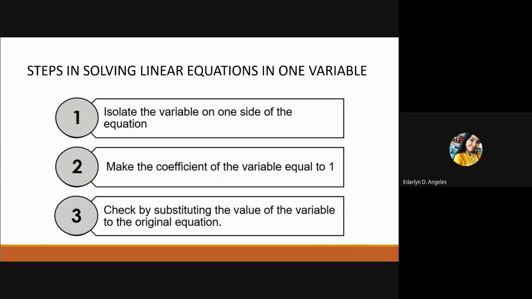Third, check by substituting the value of the variable to the original equation. Once you have found the solution, we need to check it by substituting the value of that variable to the original equation, or to the given.